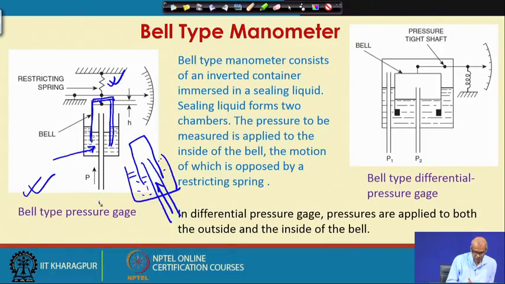When you apply pressure inside, it will try to push the bell up. Of course, that will be restricted by the spring, and the displacement shown by the bell is noted as H. This displacement of the bell is a measure of this pressure.